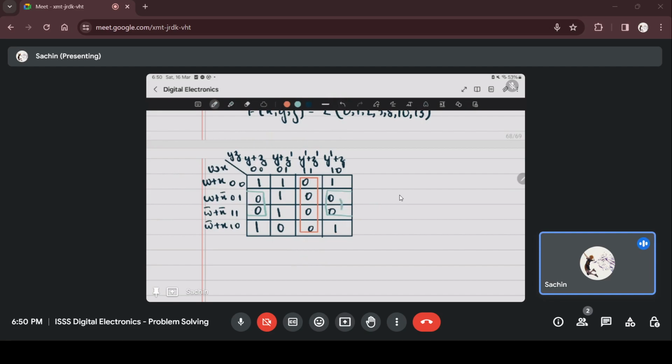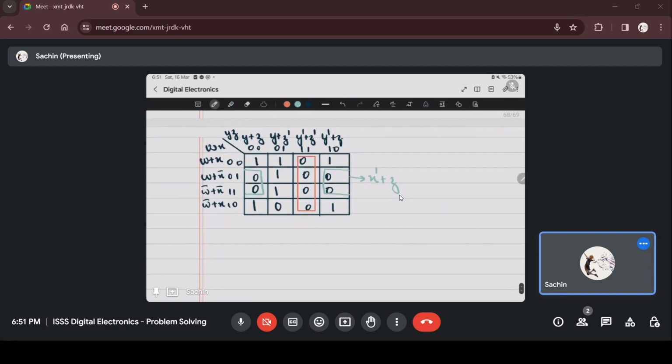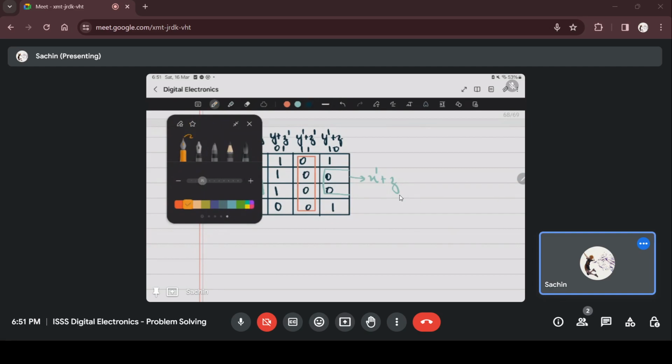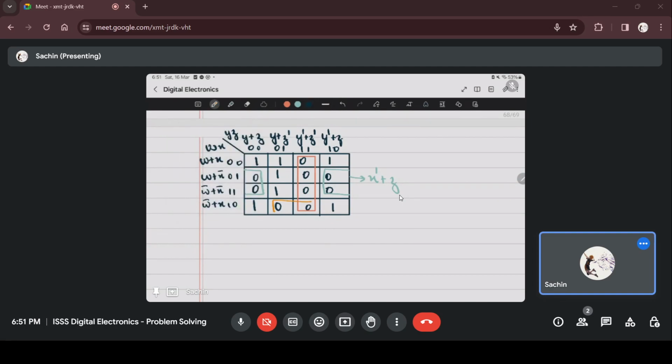Then that will cover these two zeros, and these two zeros are covered by the other group anyway. So this quad will be the term x prime plus z. And then only one zero is remaining, which you can group in a pair. That pair is w prime plus x plus z prime.